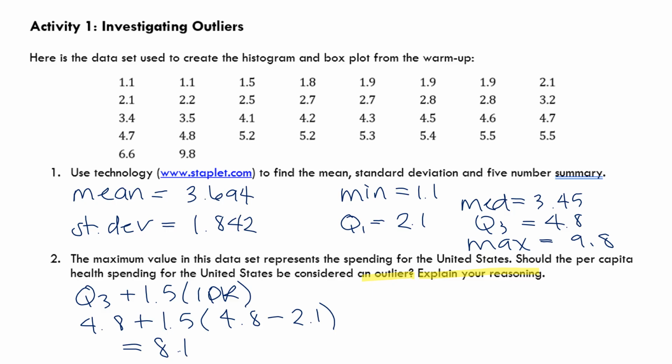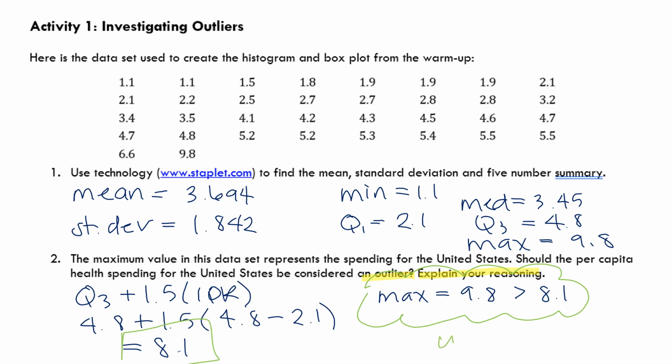Well, if the maximum, which in this case is 9.8, is greater than what we just found using the formula, then the answer is yes, we would consider that to be an outlier. So when you're using the formula, if your maximum or any other data point is larger than that number, then you would say yes, we would consider that to be an outlier. So yes, 9.8 is an outlier.